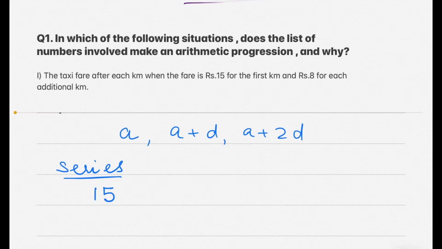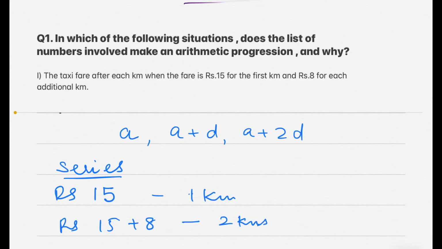So I'll say my series would be 15, and then 8 rupees will be added for it. Rupees 15 is for my first kilometer. Then it would be rupees 15 plus 8 for 2 kilometers.